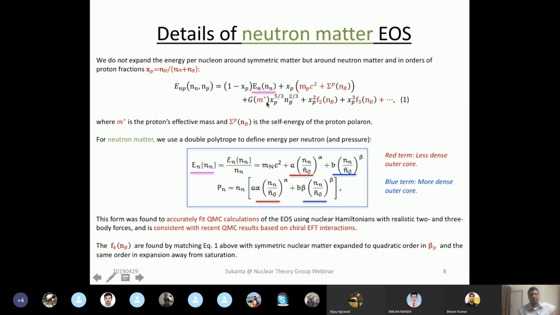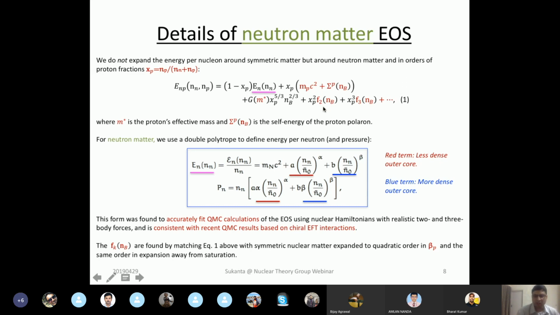This coefficient is again well known. It involves, for example, corrections including Planck's constant. But there are also terms which are not well studied, such as F2 and F3 as functions of the baryon density. And these are terms that we constrain by matching against the symmetric nuclear matter equation of state.